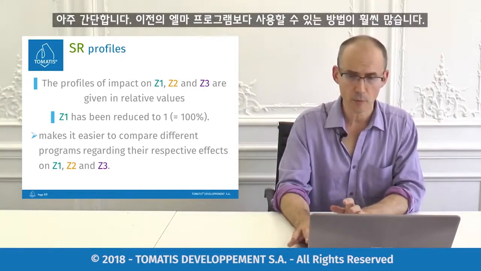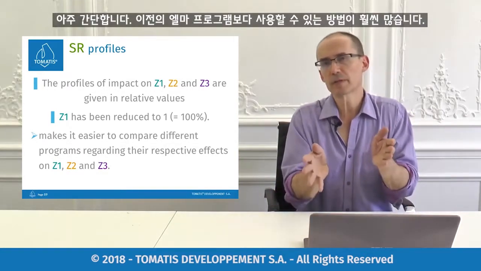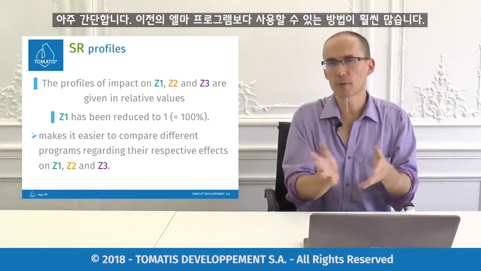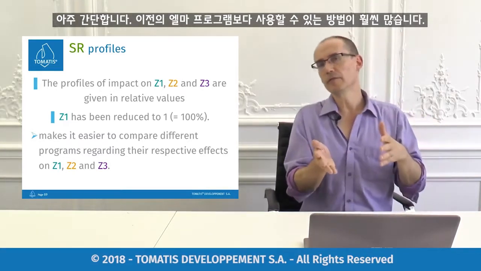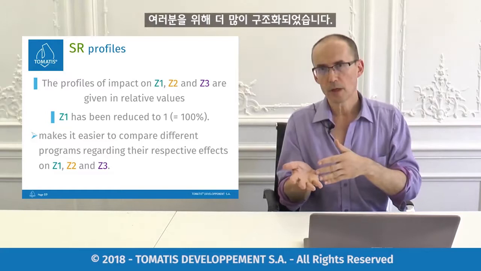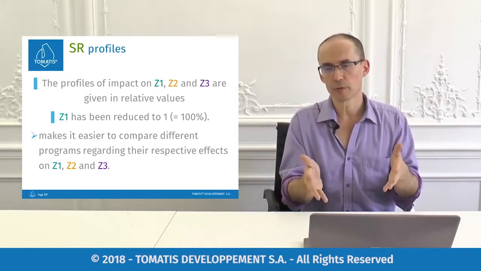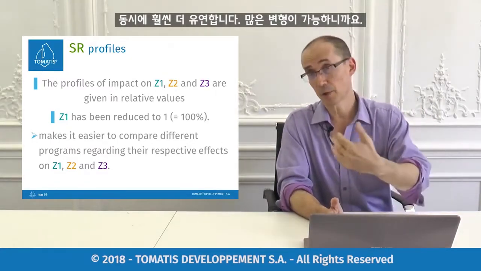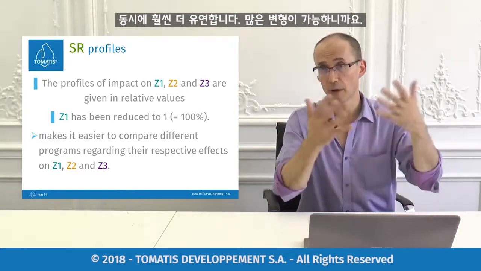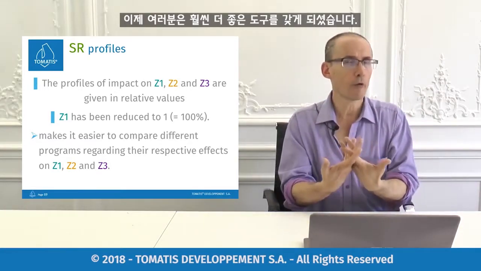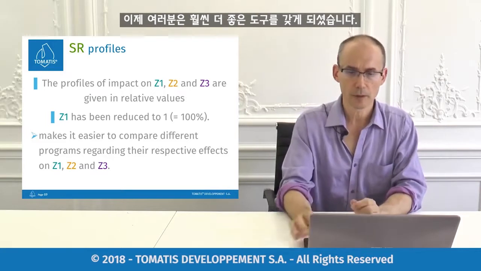It's very simple. There's much more methodology in these programs than in the former ELMA programs. It's much more structured for you. And at the same time, it's much more flexible, as I said, a lot of variations. So you have a very nice tool to work with now. Okay?